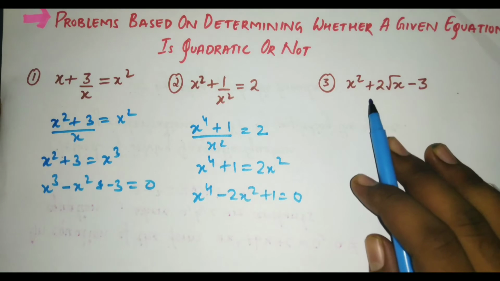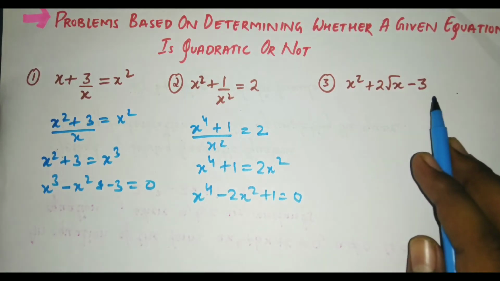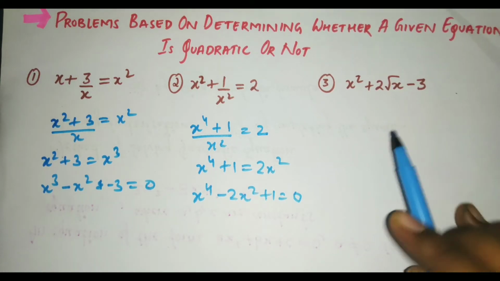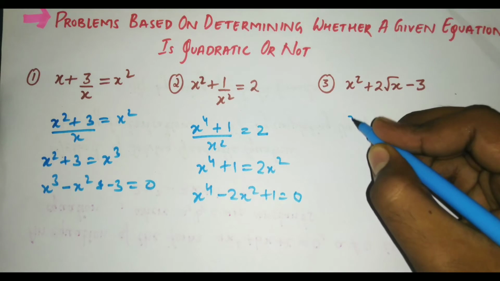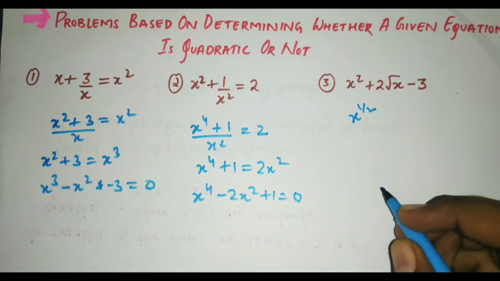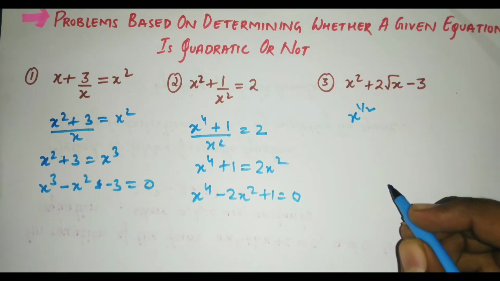Here you can directly say it is in the form of x square plus bx plus c. But the problem here is that root x is there. Root x we can write as x power 1 by 2. Now you have to understand that the power should not be a rational number or a fraction.